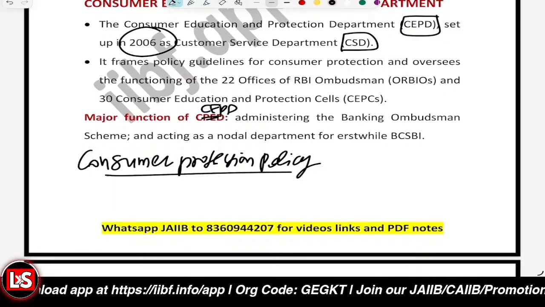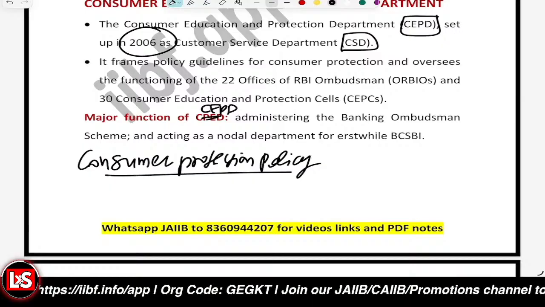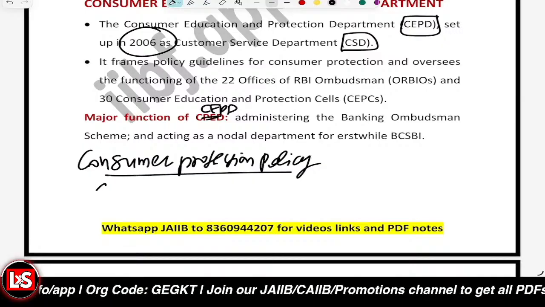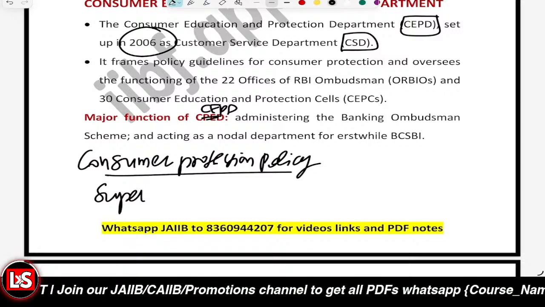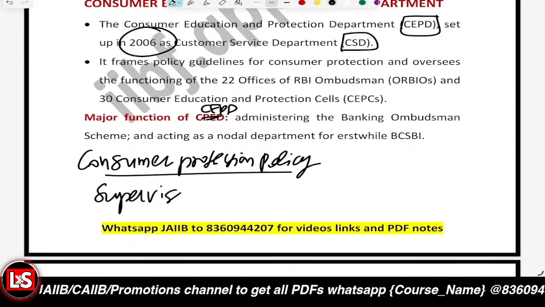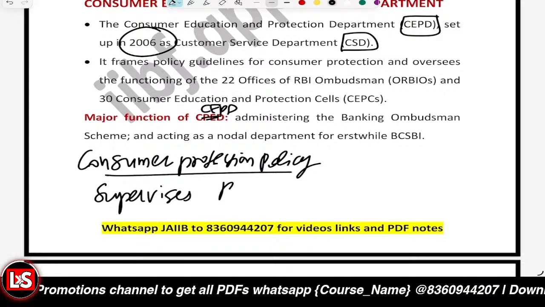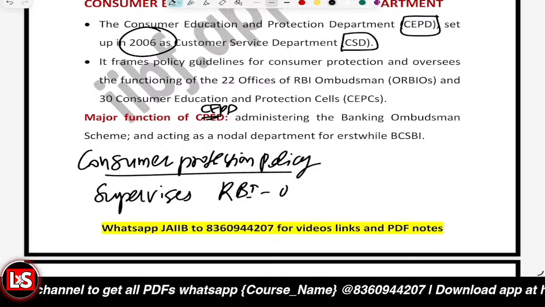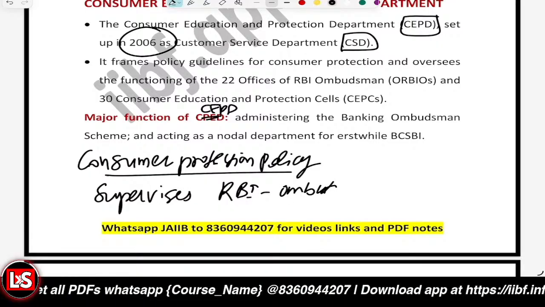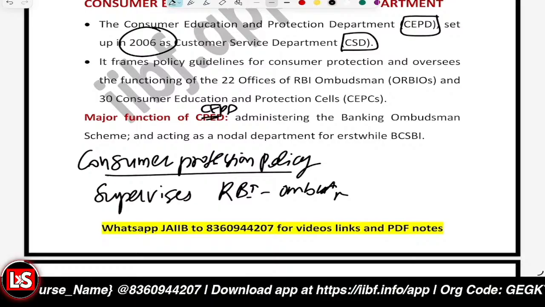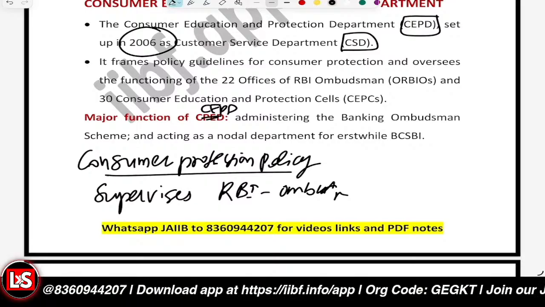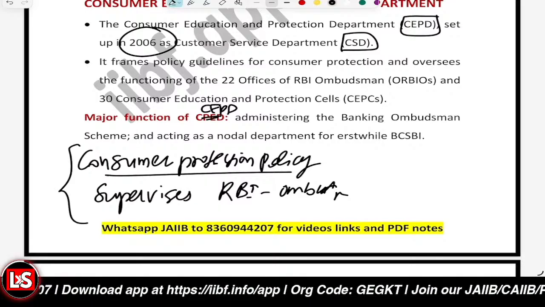And also so as to supervise the offices of the RBI Ombudsman. It is the CEPD that supervises the RBI Ombudsman offices. These are the major functions, and it also does the monitoring. So these are the major functions of CEPD.